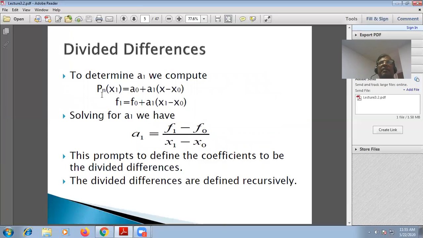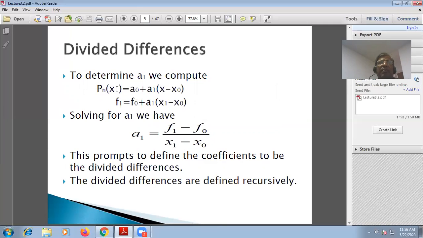Remember an AP: the first term was a, the second term was a plus d, and the third term was a plus 2d. In this way you find the difference, b minus a, divided by d. A similar scenario is happening here.